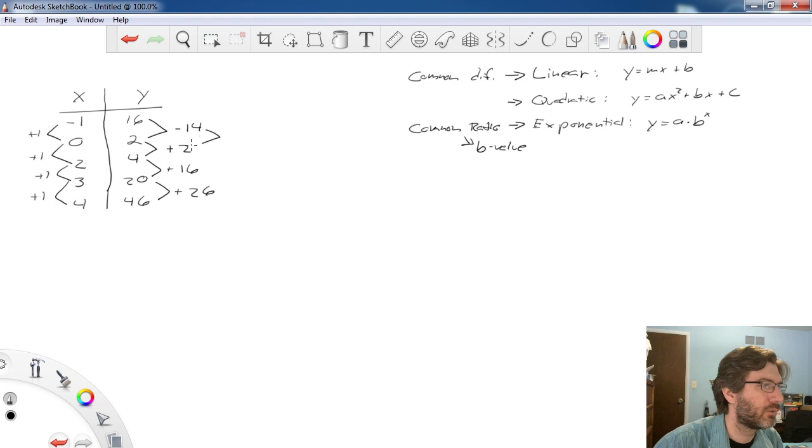So I have to actually add 16 to get between those two. 16 should be getting common differences. I don't know why this isn't working. Am I doing this wrong? 16 to 2, so negative 14. That's because I wrote this table wrong. I skipped the 1. Let me fix that table. That's why that's not working.